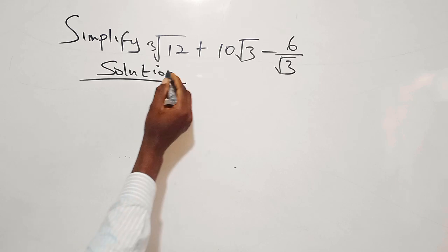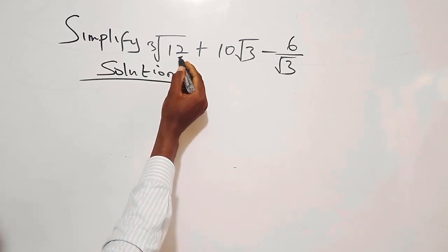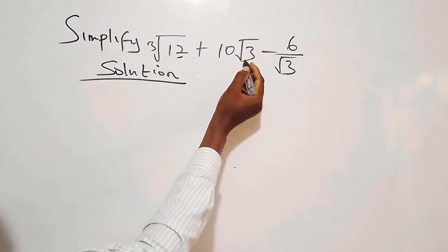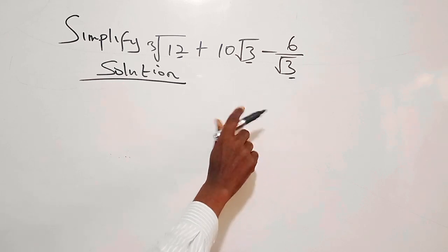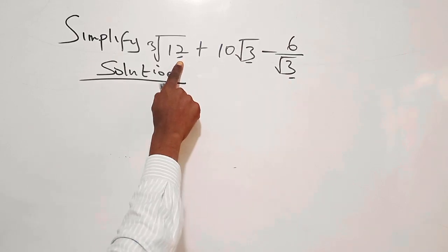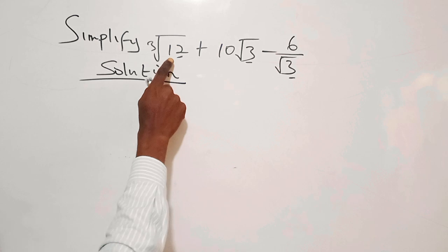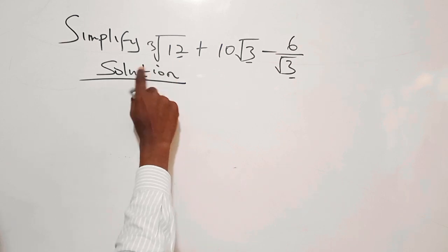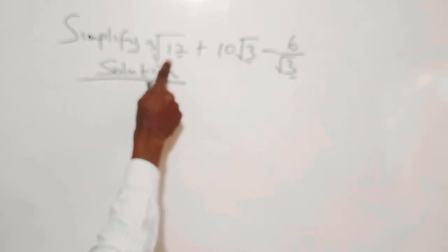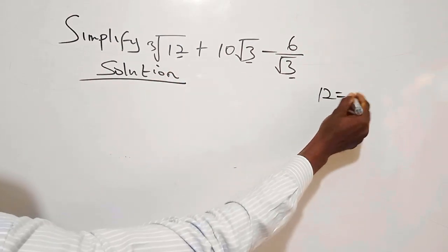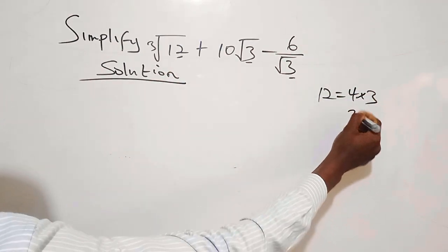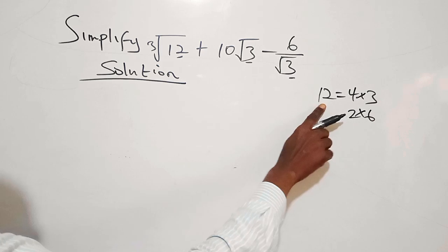When you look at the numbers in these radicals, you have 12 here, and you have 3 here, and 3 at the denominator. So I can make everything equal. How do I do that? I'll look for two factors of 12 where I can easily find the square root of one of them. When you have 12, 4 times 3 is 12, and 2 times 6 is still 12.